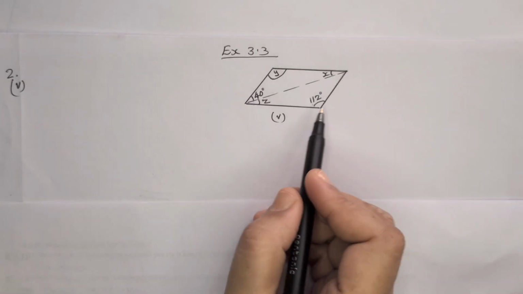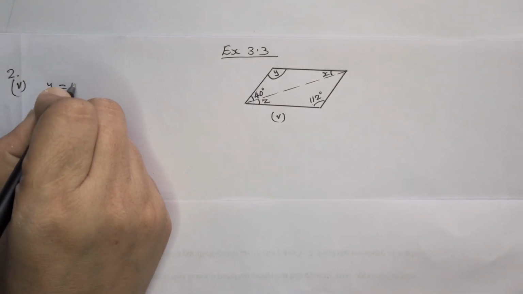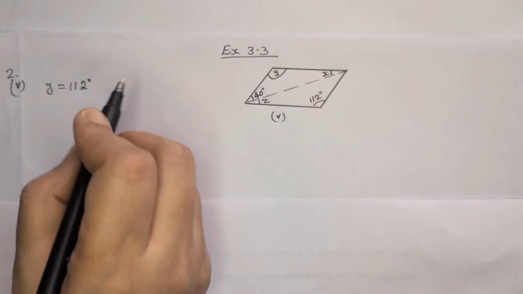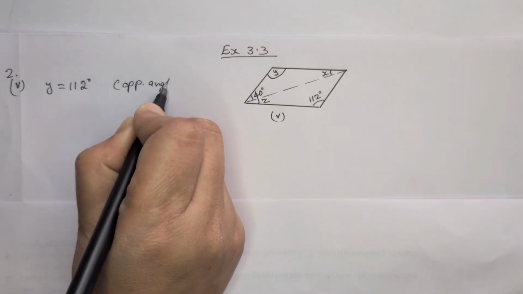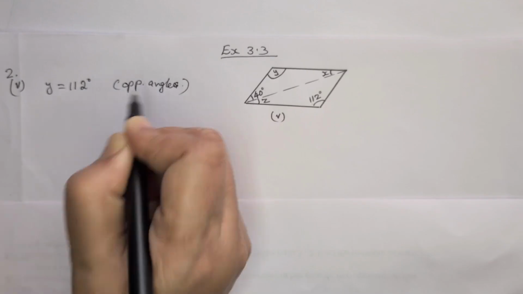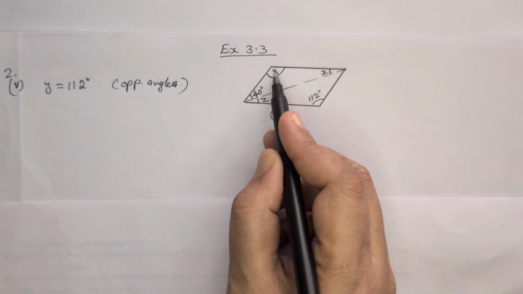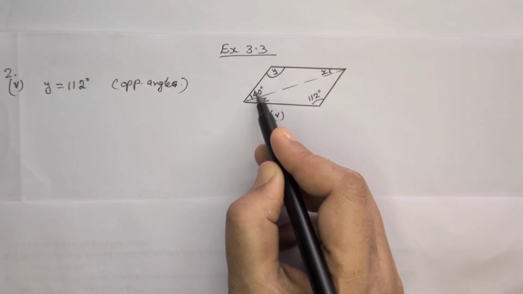Fifth figure. Here Y is equal to 112. Opposite angles are equal. Then in this triangle, we know that Y plus 40 plus X is equal to 180 degree.